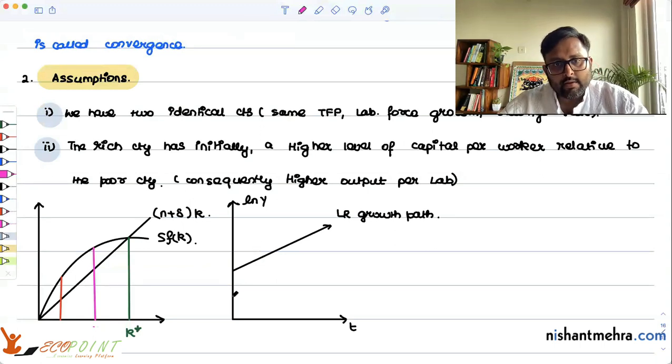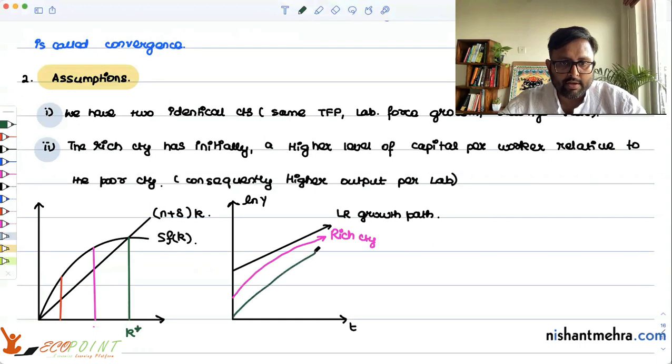And so the rich country will converge like this. Poor countries starting with a lower capital labor ratio.